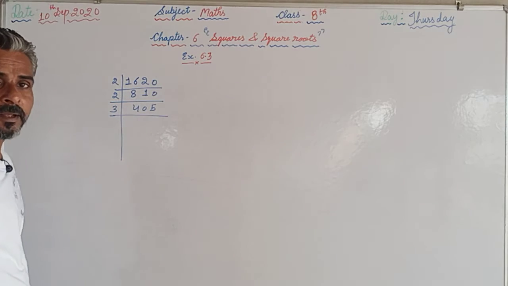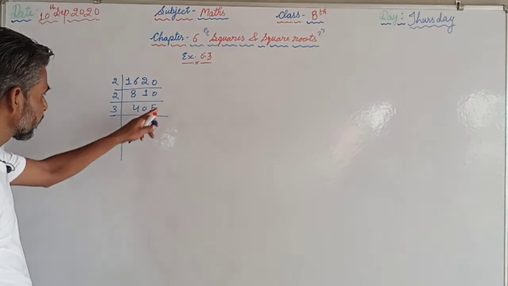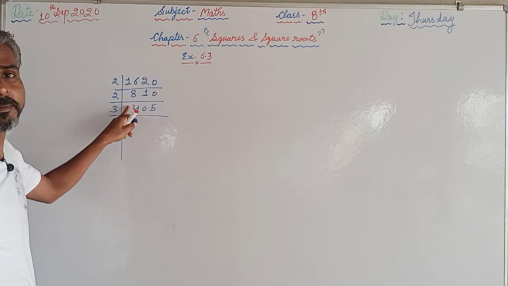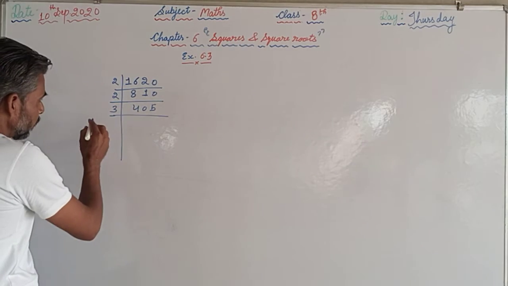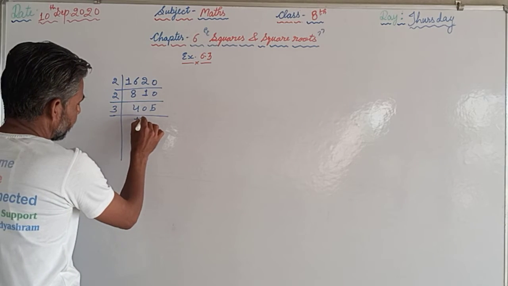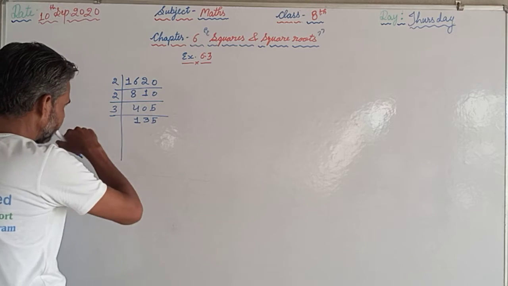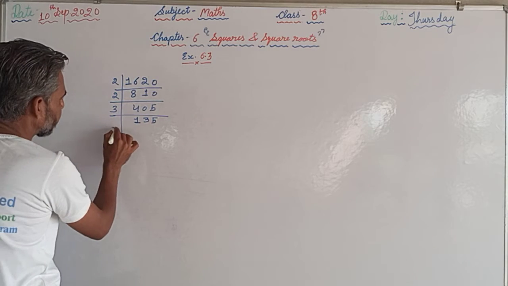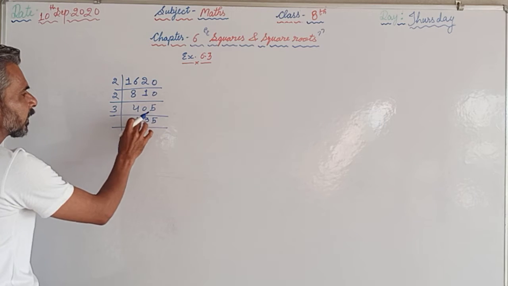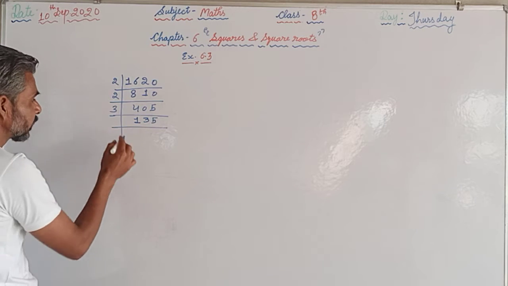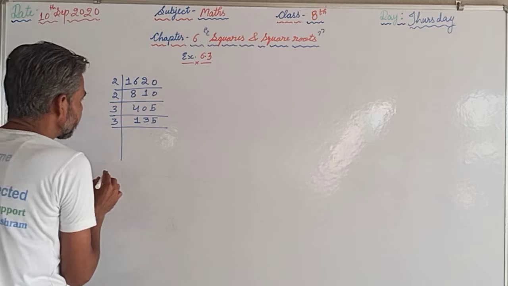How do we know it can be divided by 3? 5 plus 4 is 9, and 9 comes in the table of 3. We should recall all the divisibility rules. 3 1s are 3, 3 3s are 9, 3 5s are 15. Now again 5 plus 3 is 8, 8 plus 1 is 9, 9 comes in the table of 3. So again it can be divided by 3.